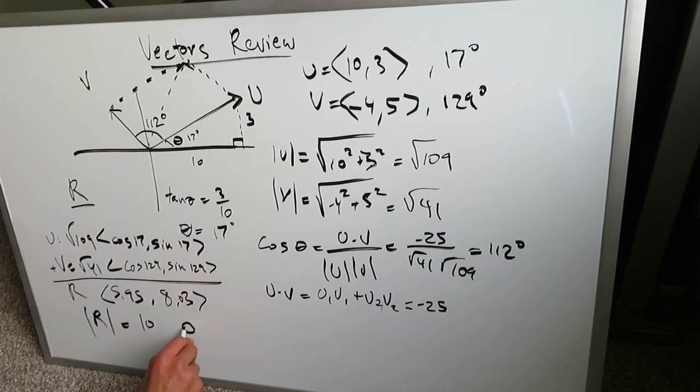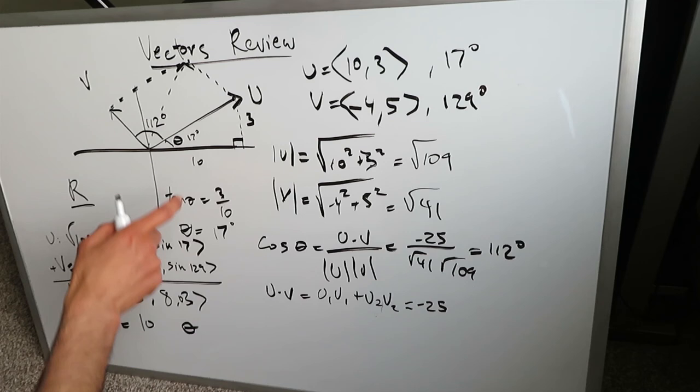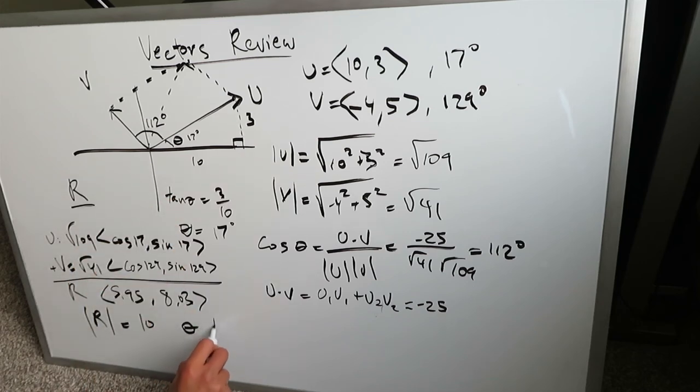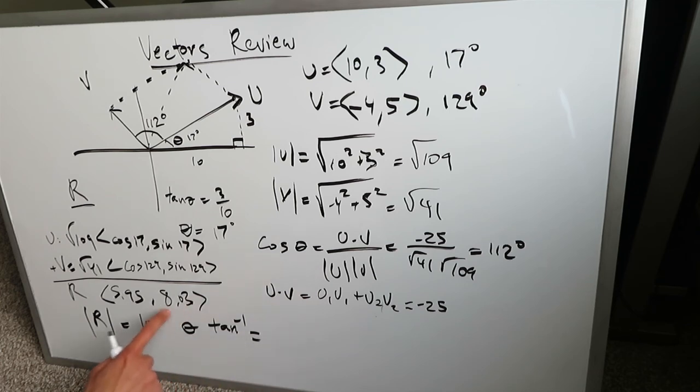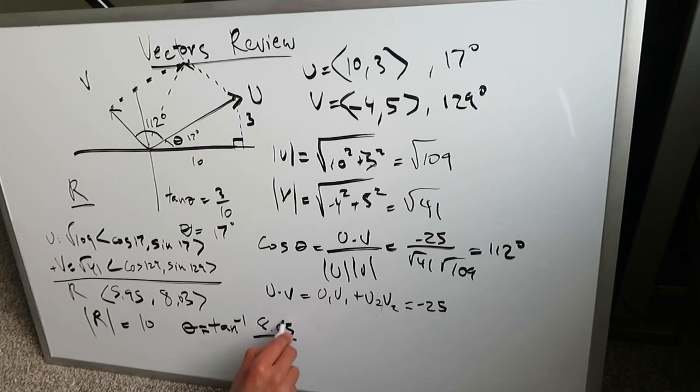To find the actual angle of this resultant with respect to the horizontal, use the tan formula. Inverse tan, because tan theta is equal to y over x. The theta will equal inverse tan of 8.03 over 5.95.